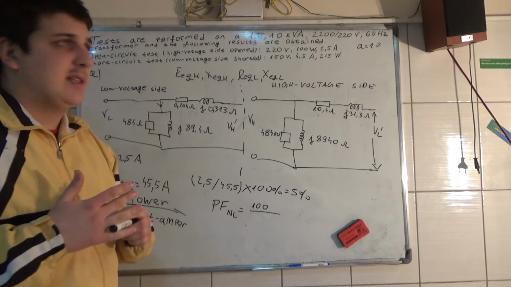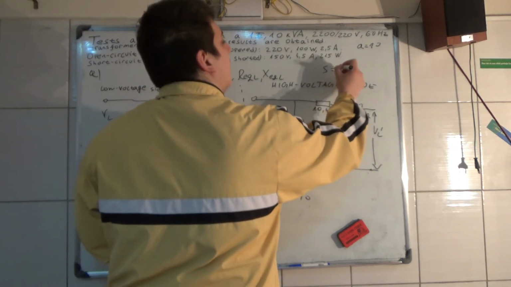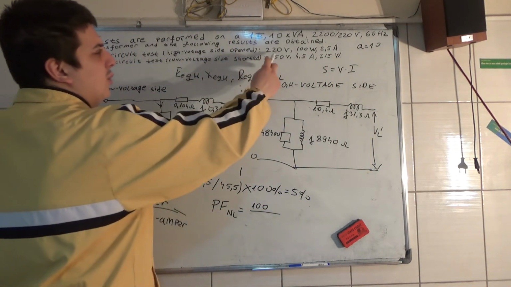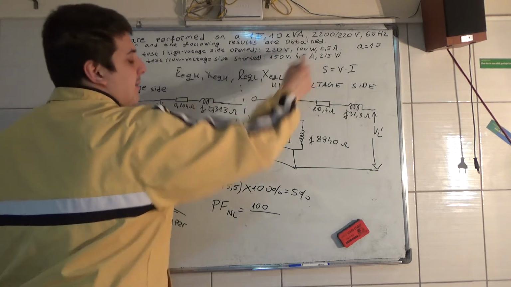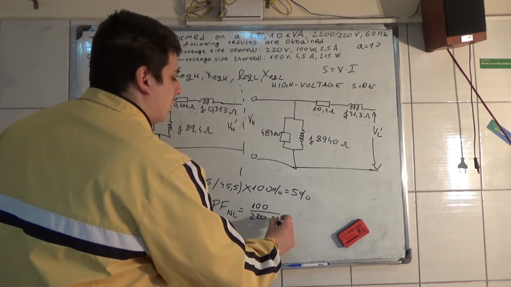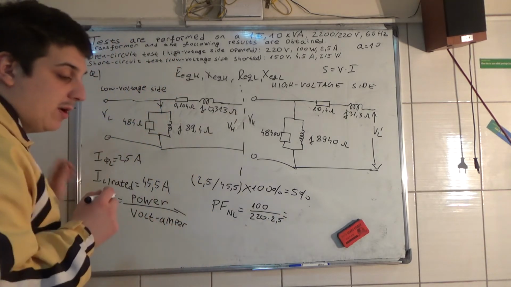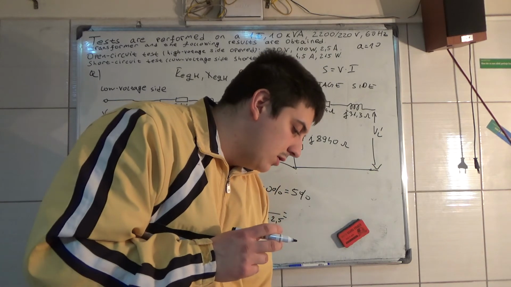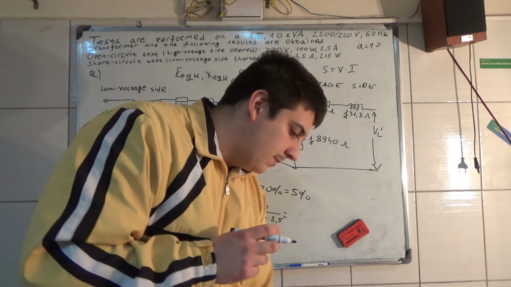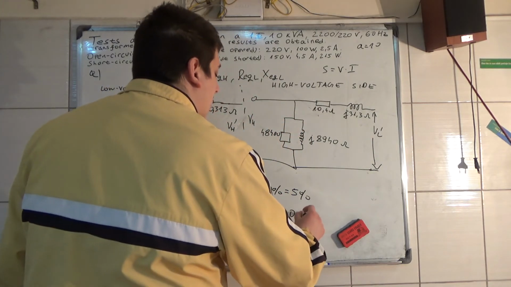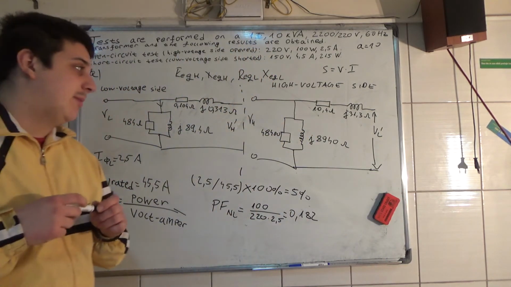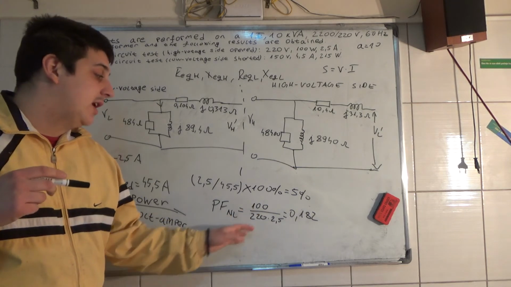The apparent power is equal to the voltage times the current in alternating currents, and that is 220 volts times 2.5 amperes. And the power factor at no load is 0.182.